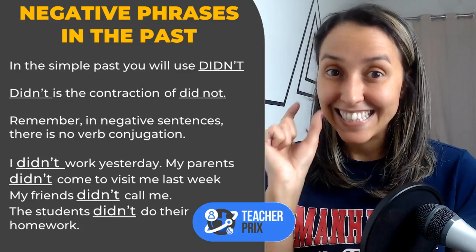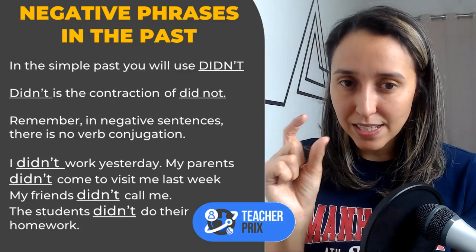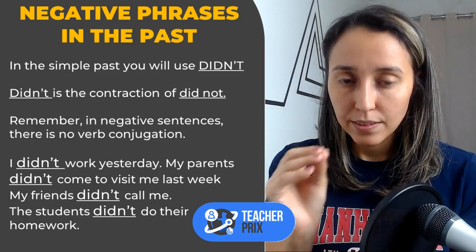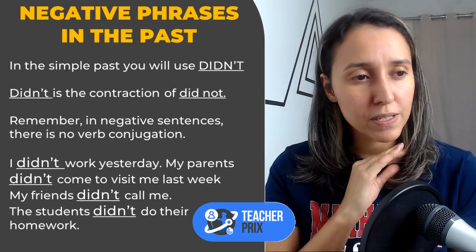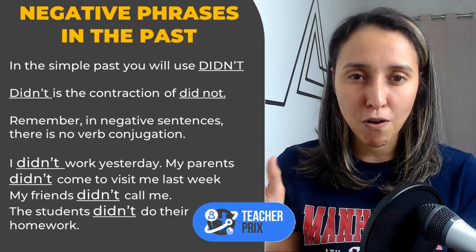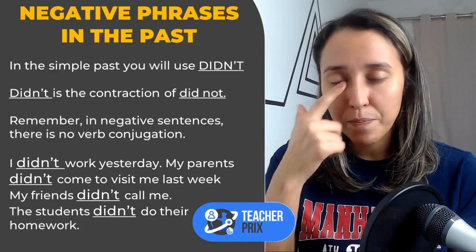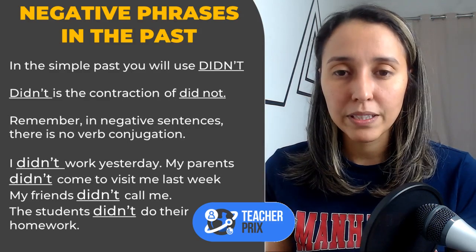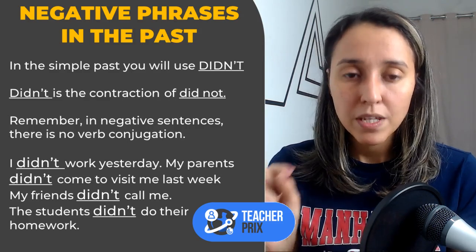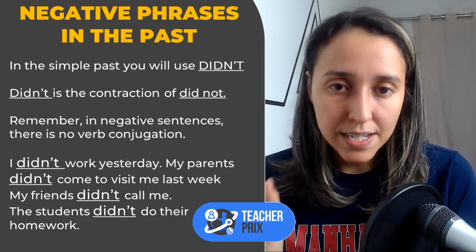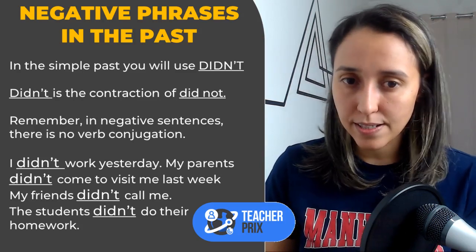When we are making negative phrases in the past, our verb has no conjugation. The verb is back to infinitive form, no changes, okay? You just say the verb in the base form, all right? So here, I didn't work yesterday.